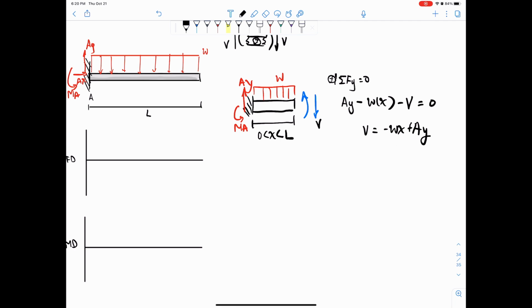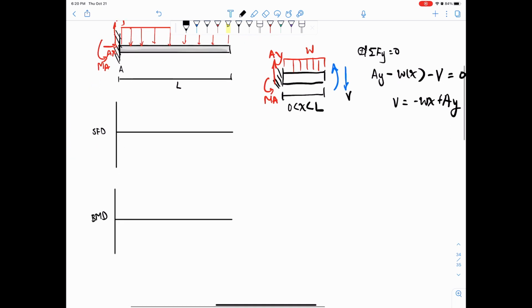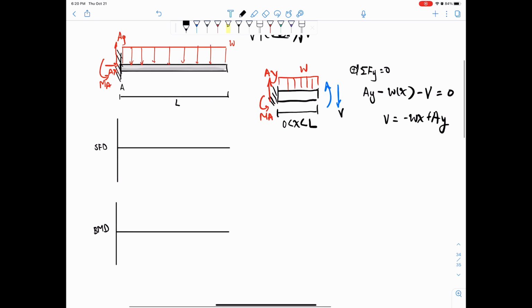Well, it's unlike a point load in the last examples, where by cutting a point before or after a point load, you can just determine this value.